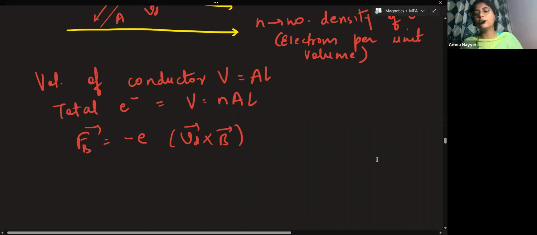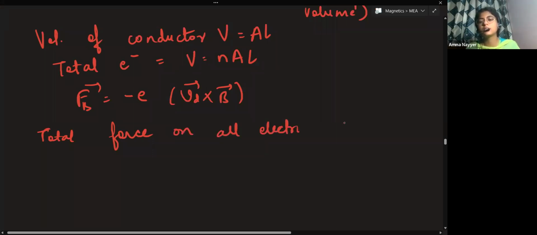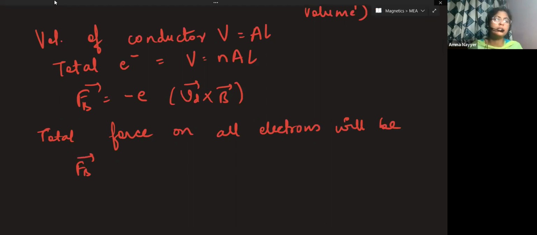Now the total force on all the electrons will be this term multiplied by all the electrons. Total force on all electrons, this will be the net force.